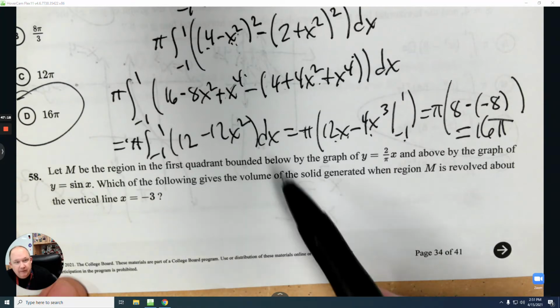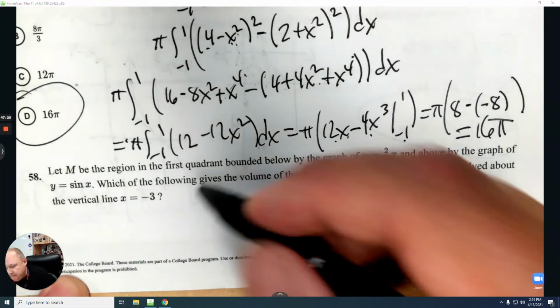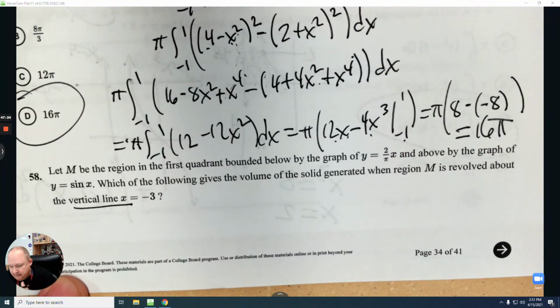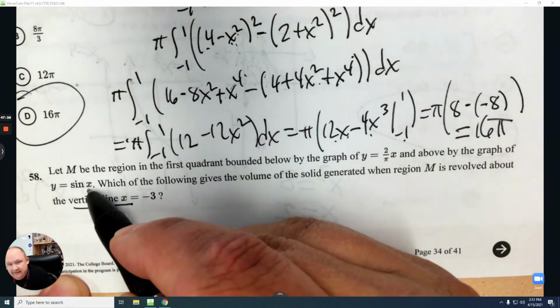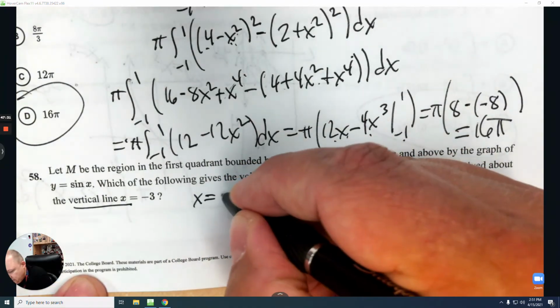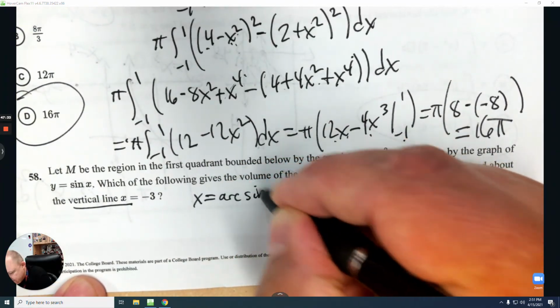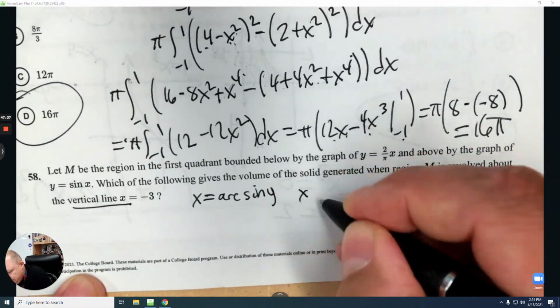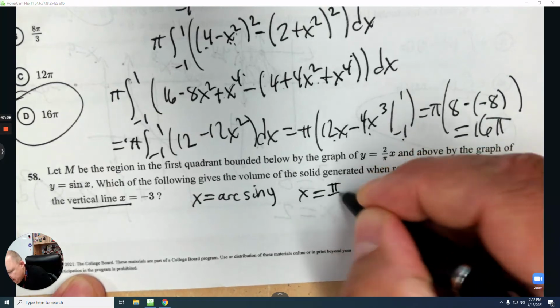And then which of the following gives the volume generated revolving about a vertical line? When you revolve around a vertical line, it needs to be in terms of y. So I need to get x by itself. So x is equal to arc sine y. And here, to get x by itself, do the reciprocal to both sides, it's pi over 2y.